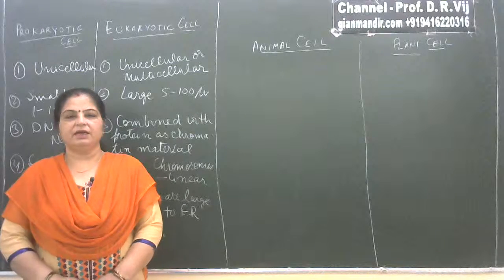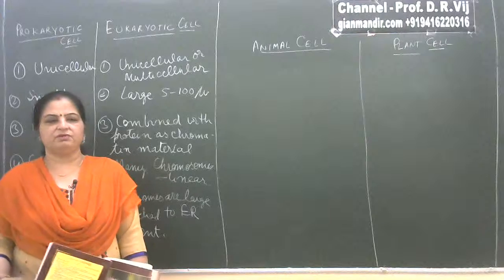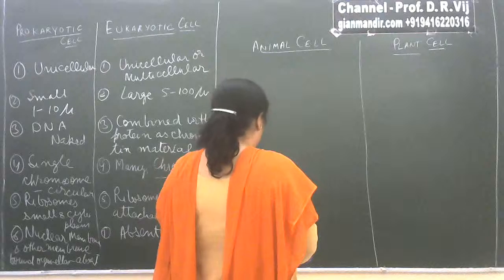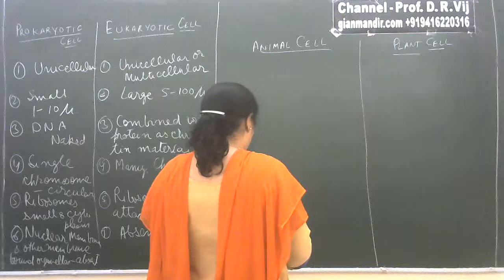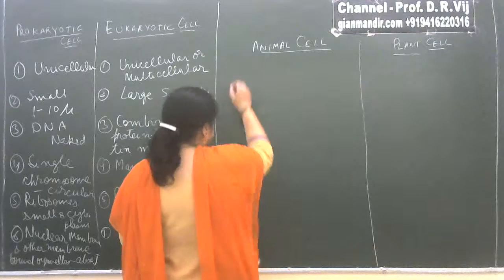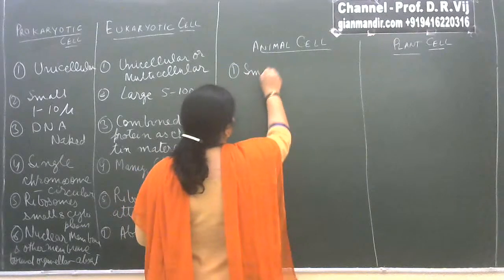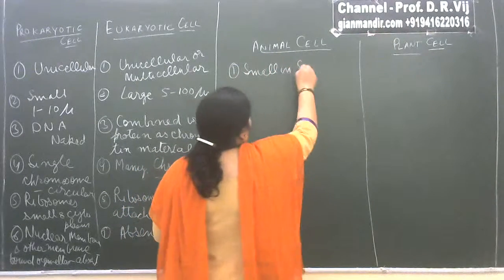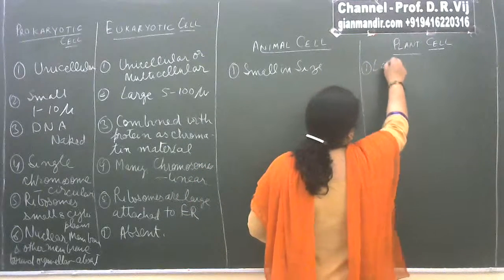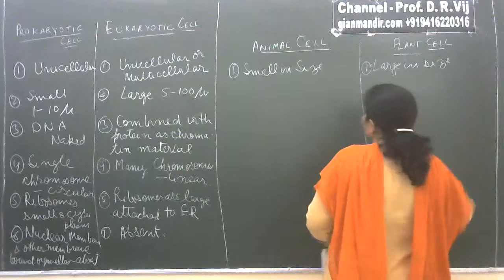Similarly, we can compare animal and plant cells. Let's have a look at some differences between animal cells and plant cells, which you have already gone through. First of all, animal cells are generally small in size, whereas plant cells are generally large in size.